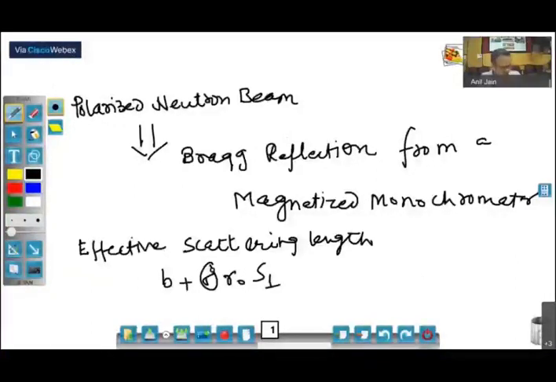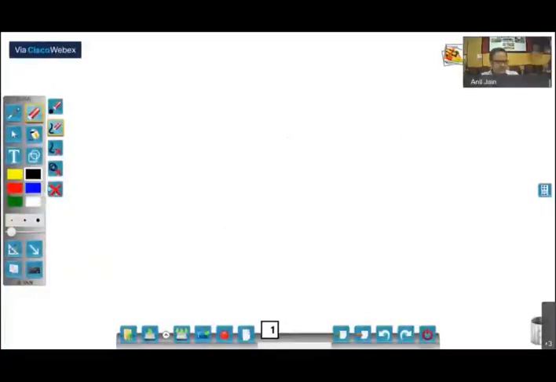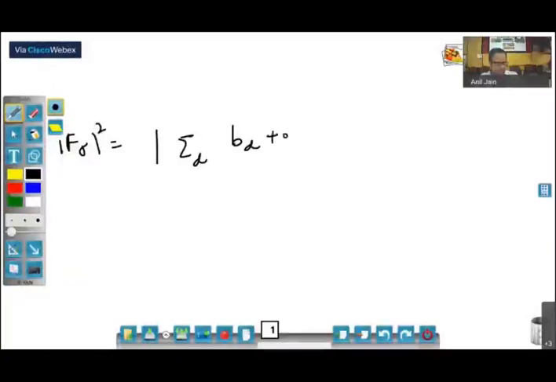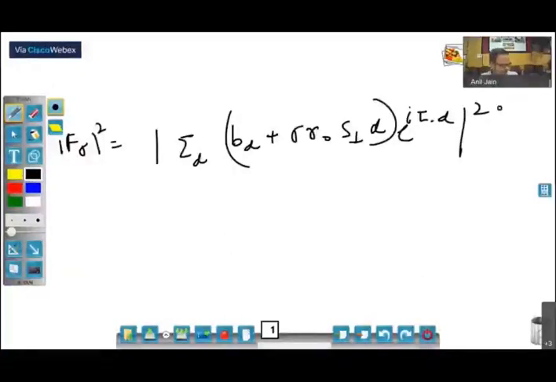Now the structure factor for a ferromagnet, for some reciprocal lattice vector tau, I can write as a sum with an exponential.